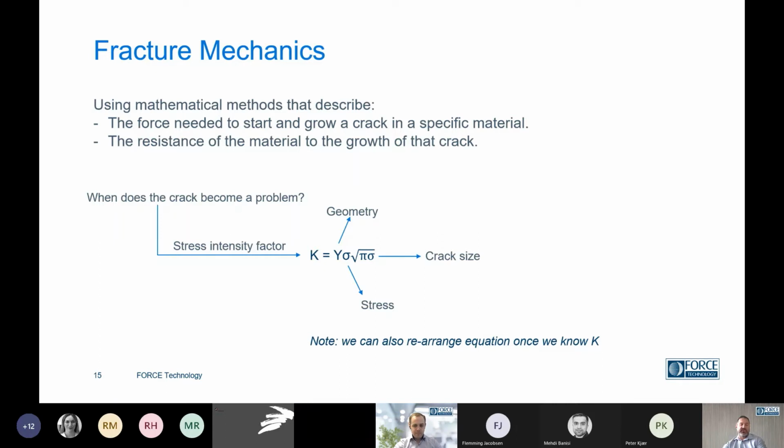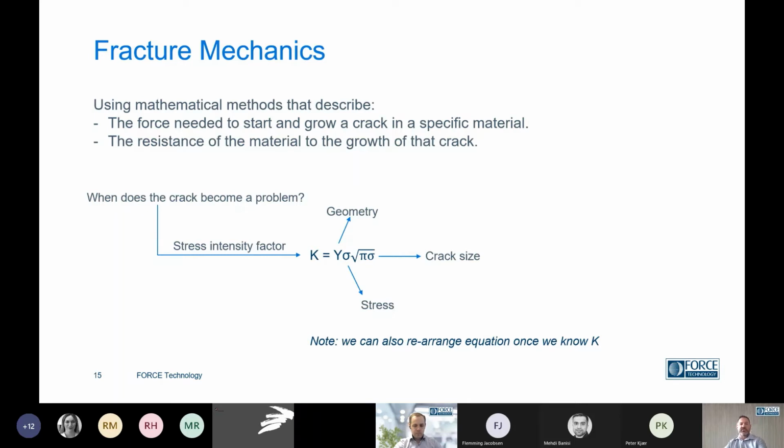So if we look at the crack size, we can see that it's right next to the geometry. So there's a very clear link between the geometry of what we test and also how the crack behaves.